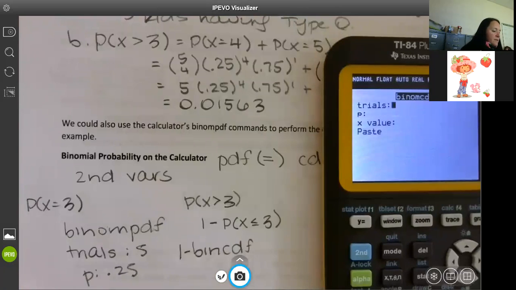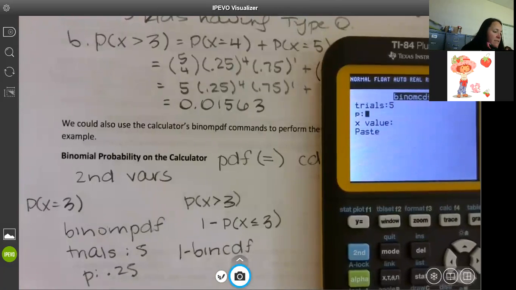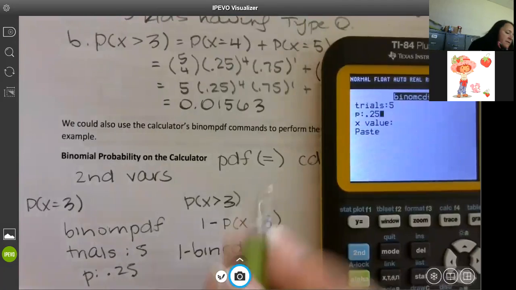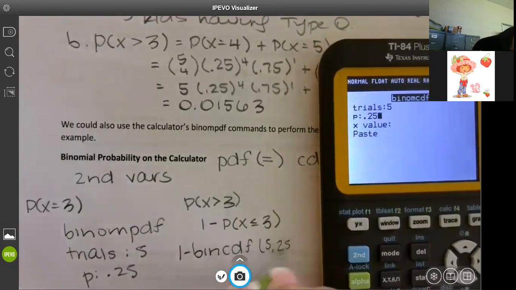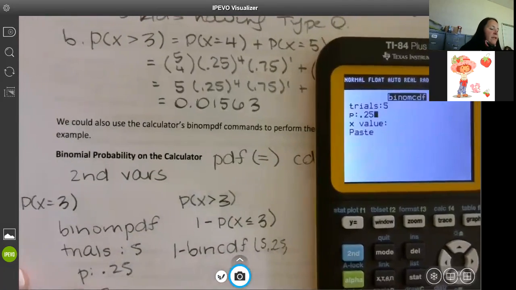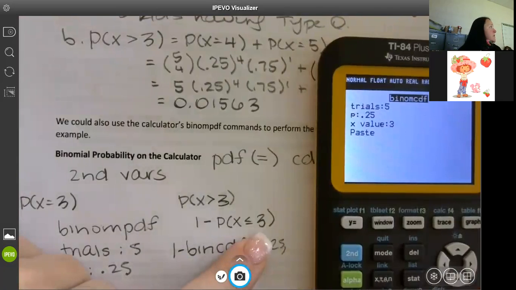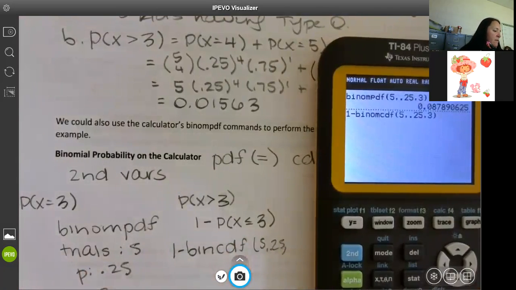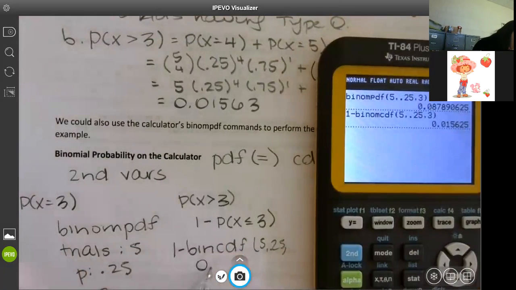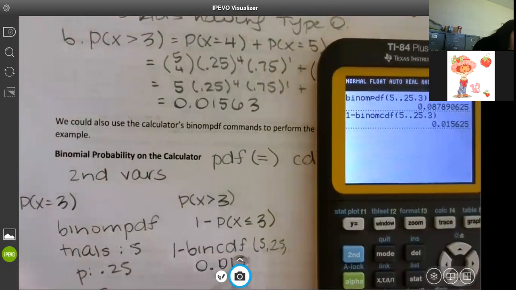What are our number of trials? 5. Probability of success? Make sure you define all these. I'm not doing it right now, but you know you need to. And then what's our number? 3. That's what's in our thing right here. When we paste it in, we get 0.0156.